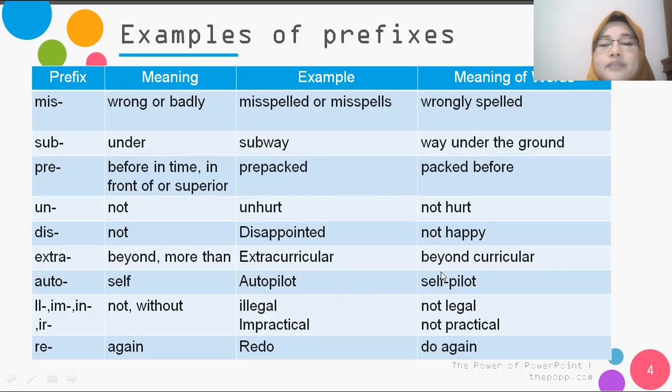The meaning is beyond curricular. And then auto-. Auto- means self, such as autopilot, or self-pilot. The meaning of autopilot is self-pilot. So if the plane can fly by itself, it means autopilot.